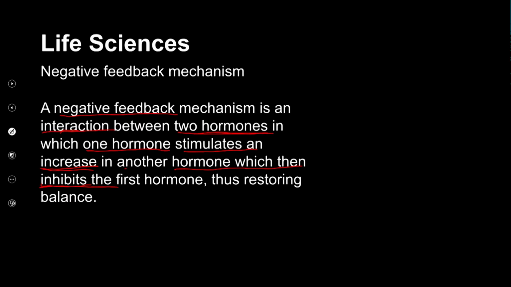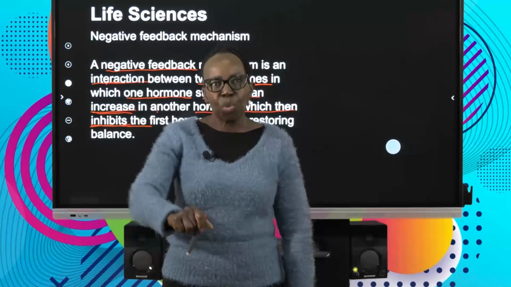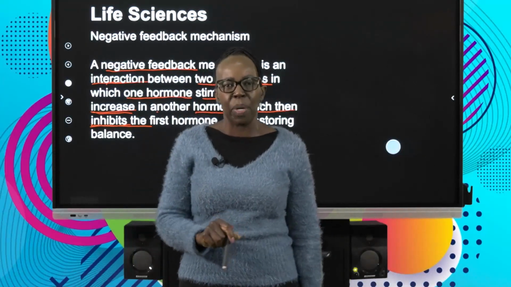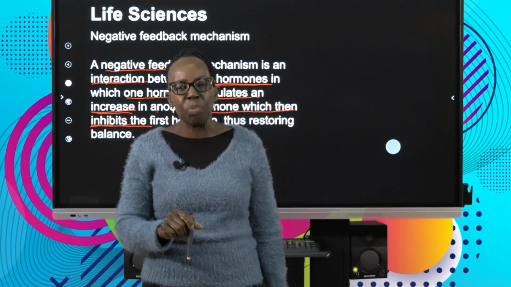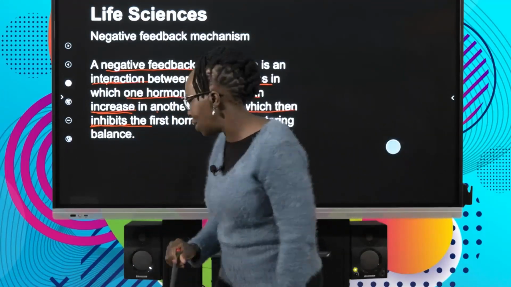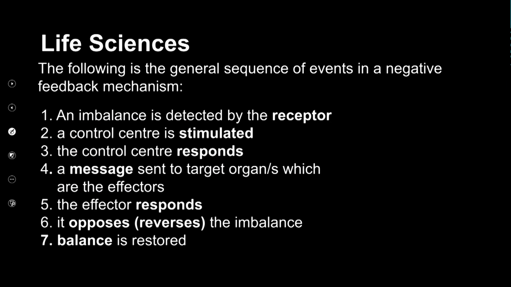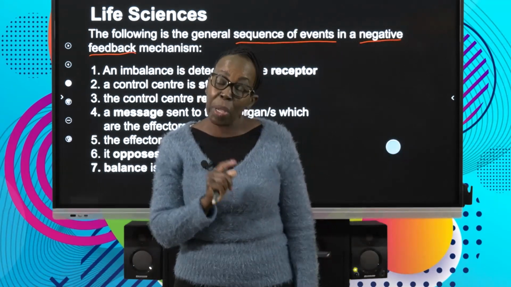It's the process we were talking about with homeostasis, whereby the body maintains internal balance. So, we're looking at the following sequence of events that must take place for the negative feedback mechanism to take place. These are the 7 steps, guys, that you should bear in mind.